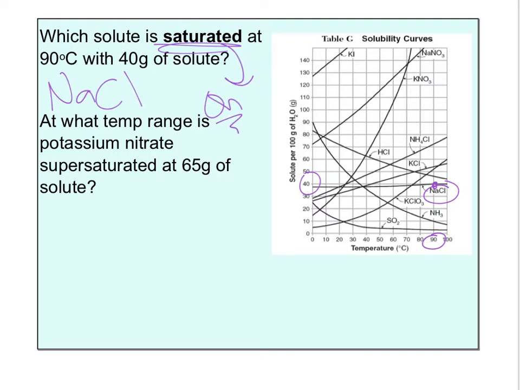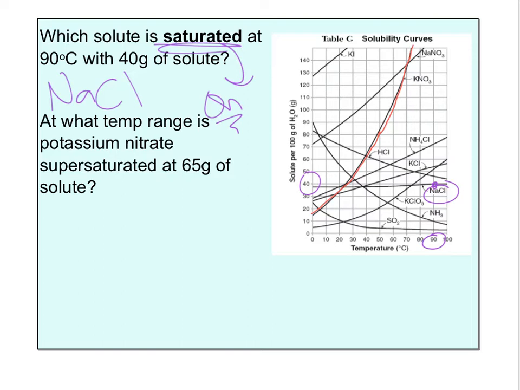For the next question, it's asking, at what temperature range is potassium nitrate supersaturated at 65 grams of solute? The first thing we need to do here is find potassium nitrate. That'd be KNO3, so that is this line right here.